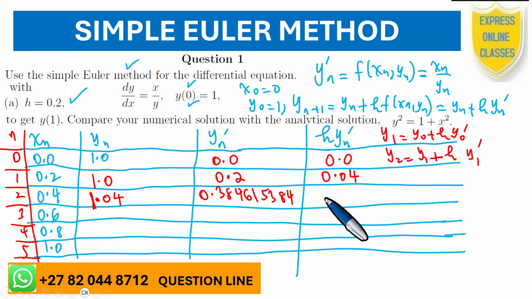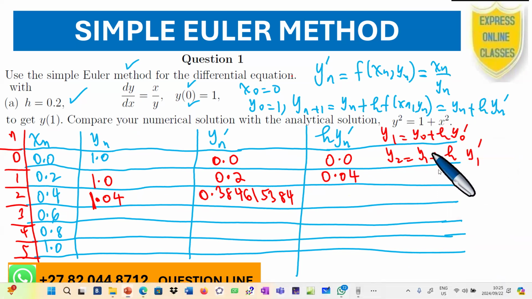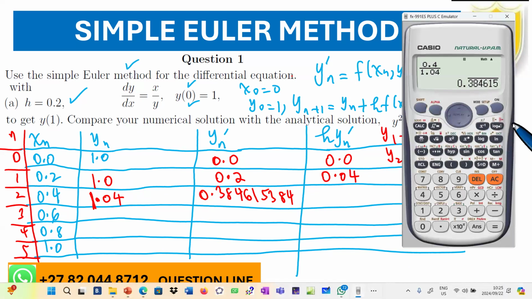Now we just multiply h with the y primed. If you multiply h with the y primed, we are able to get the following. So we're going to take our calculator again, just practicing the simple Euler.